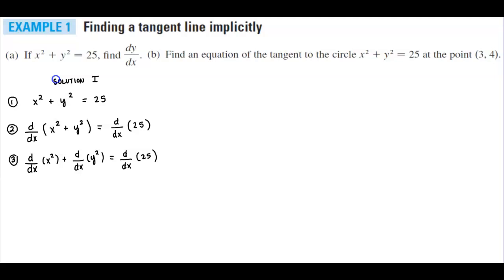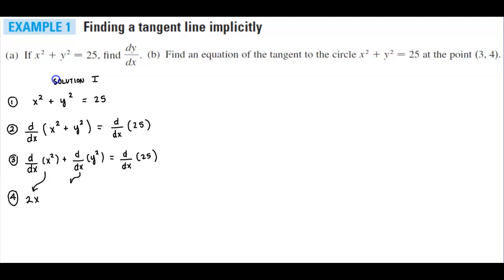Now remembering that y is a function of x, and using the chain rule, when we take the derivative with respect to x of y squared, we're going to get the following. We know that the derivative of x squared is 2x.